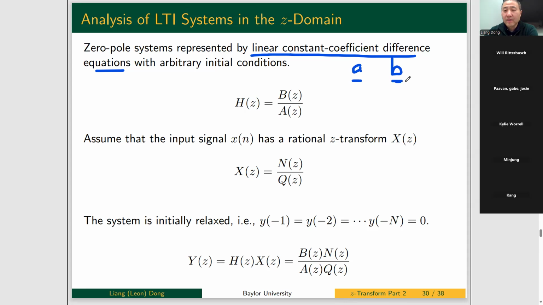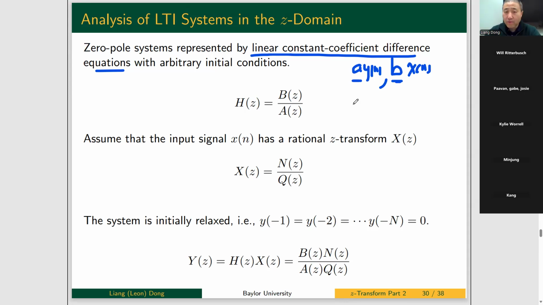The B's are the coefficients of my feed-forward loops, dealing with x[n], and of course the delays x[n-1], x[n-2]. The A's are dealing with y[n]. That's feedback: y[n-1], y[n-2], and so on.